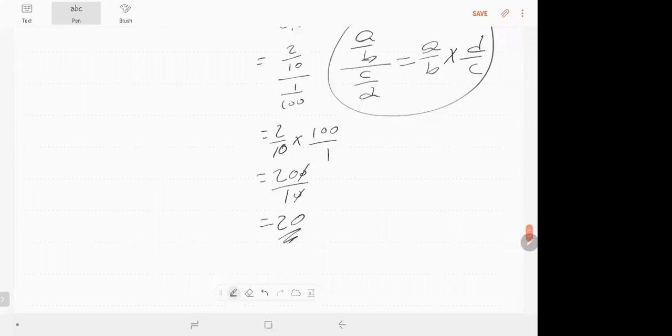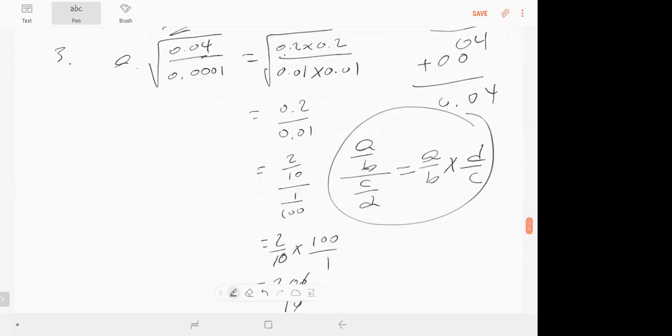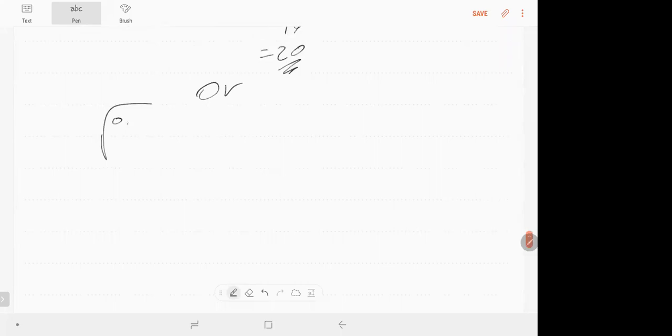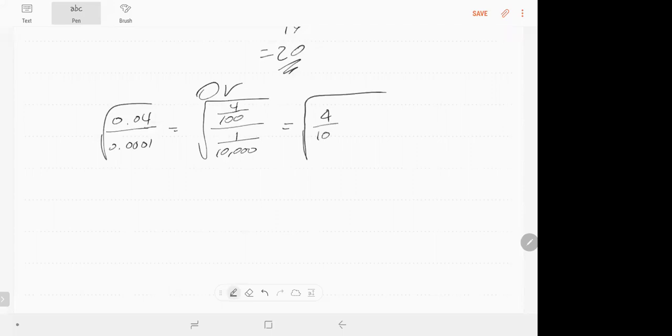አንደኛው in terms of decimal calculate ማድረግ ይቻላል, or the other option ደግሞ the square root of 0.04 over 0.0001, ይሄን እንዳለ ወደ ፍራክሽን መለወጥ። 0.04 ማለት 4 over 100 ማለት ነው the whole over 0.0001 ማለት ደግሞ 1 over 10000, 4 zeros። So which is equal to, ቅድም በሰራነው ፕሮፐርቲ 4 over 100 times 10000 over 1 ይመጣል። So the 2 zeros cancel out by the 2 zeros, so 4 times 100 which is 400.